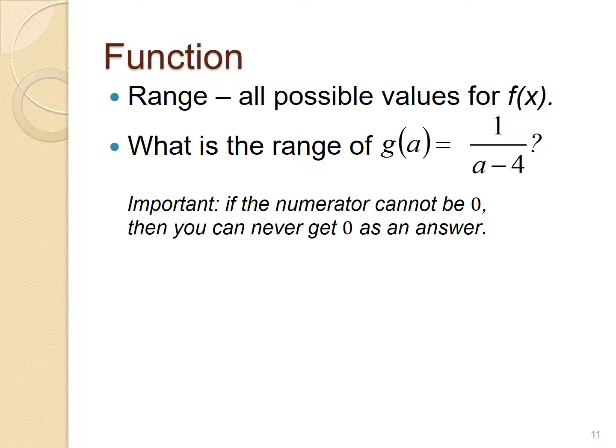Well, what about if we didn't use any fractions there? Could we get a value greater than 2 if we use fractions? Well, let's see. If a was 4.5, well, 1 over 4.5 minus 4 is 1 over 0.5. Well, 1 divided by 0.5 is the same thing as 1 divided by 1/2.